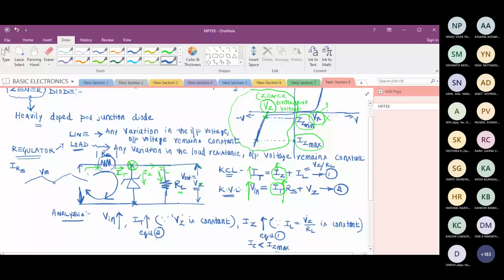If this fluctuation keeps the diode current between IZ minima and IZ max, what are we going to get at the output? Is it a constant value? Yes, sir. Have we achieved it? So our ultimate objective to get a DC we have achieved using this circuit. So we call this a regulator circuit, right? Who is helping us to get the regulation? A Zener diode under reverse bias condition. Got it?